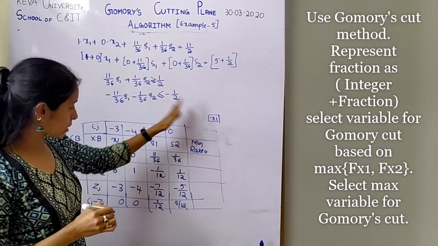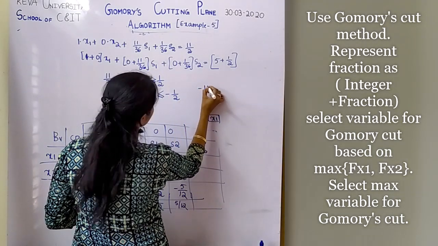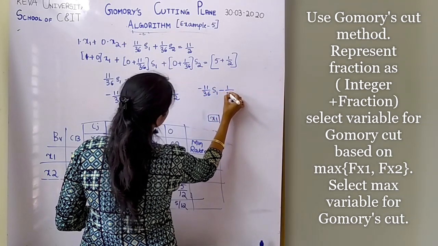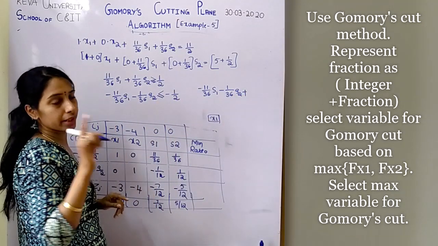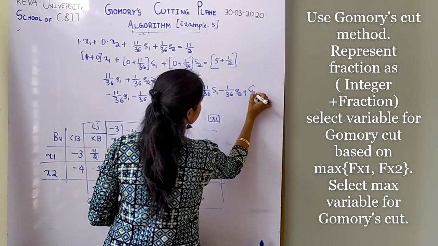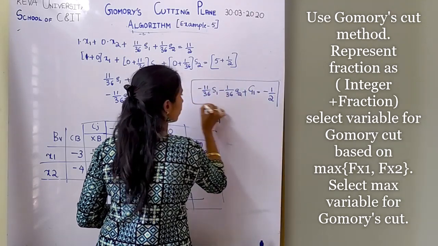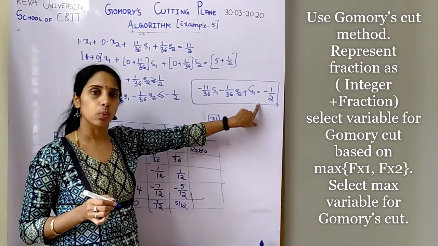How will you make this one equal? So the final equation will be minus 11 by 36 into s1 plus minus 1 by 36 into s2 plus add a GOMORY constraint here g1 equal to minus 1 by 2. This is our GOMORY constraint equation.